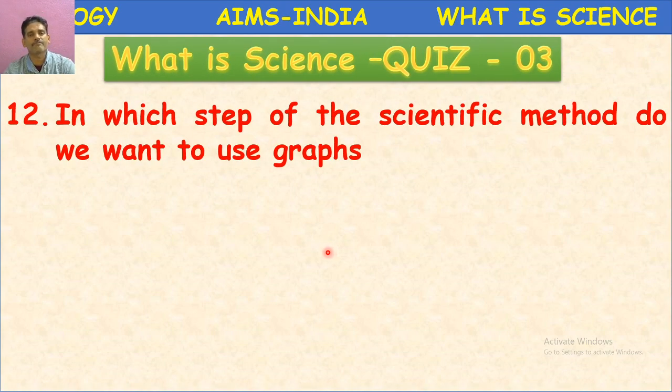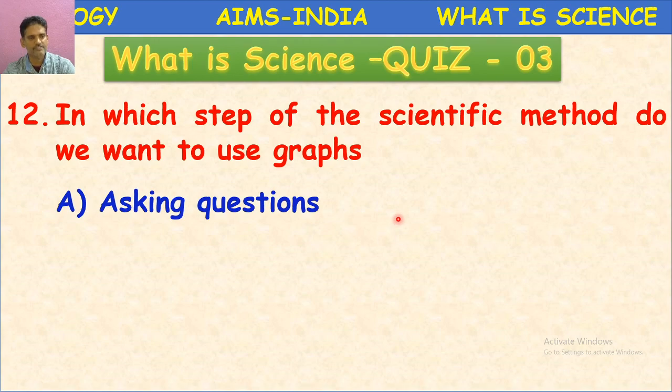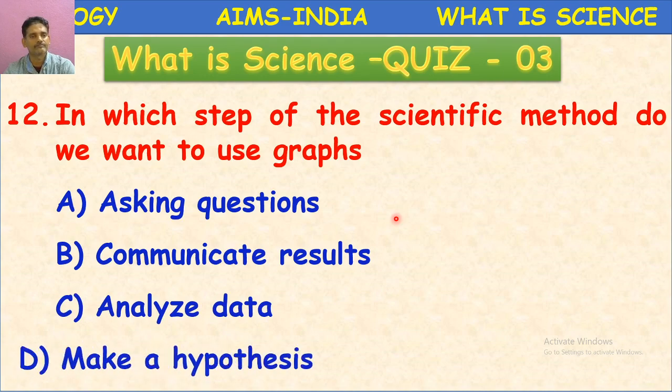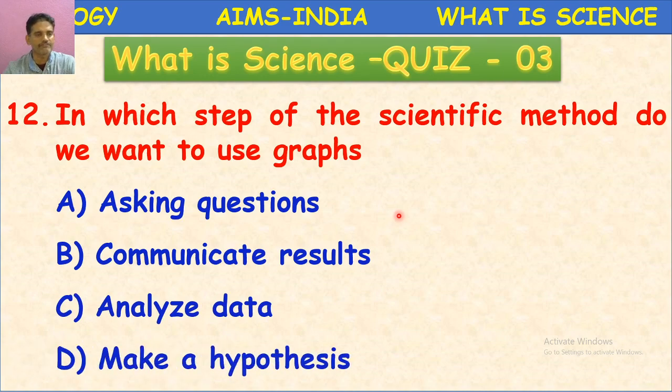In which step of the scientific method do we want to use graphs? Asking questions, communicate results, analyze data, make a hypothesis. In a scientific method, when do we use graphs?